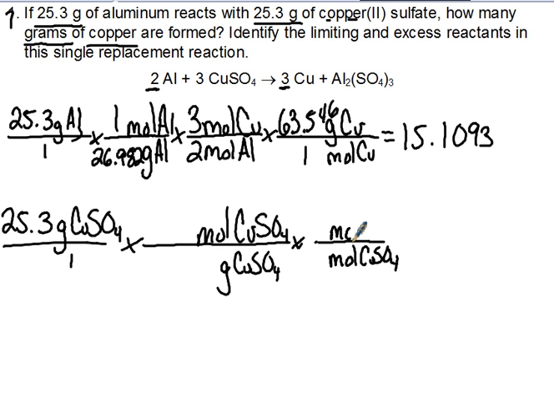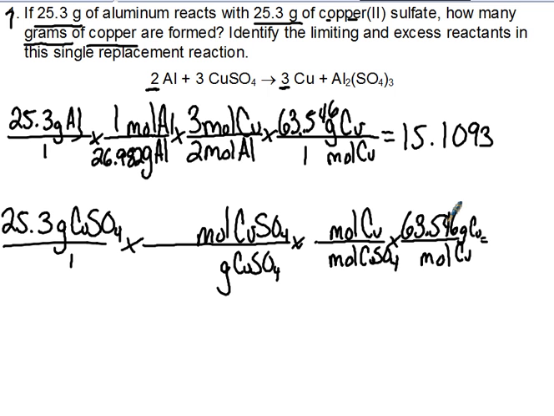And this is where I'm going to do my mole to mole conversion, so I need to go to the product that I want to compare. And then moles of copper to grams. I already did this up here, so I'm going to just use that again. 63.546 grams of copper.